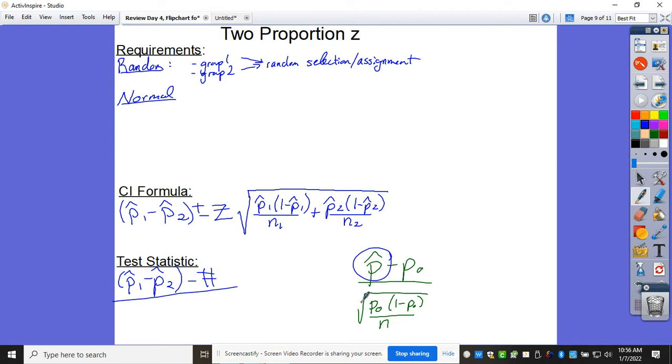We already said we're going to what every time it's a test? Pool. So this becomes p hat c times 1 minus p hat c over n1, and then same thing over here, p hat c times 1 minus p hat c over n2.